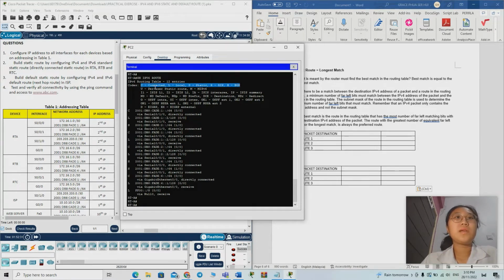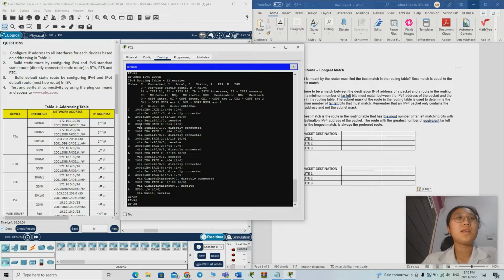C is still connected, I mean the route source, and L is still local. S also stands for static, R for RIP, B for BGP, U for per-user static route, and for IPv6, okay, still the same.